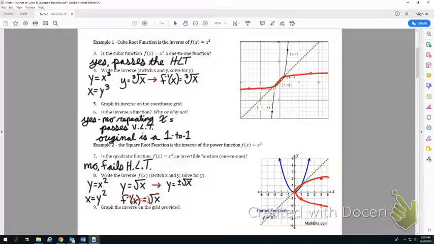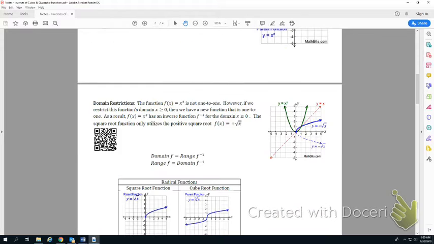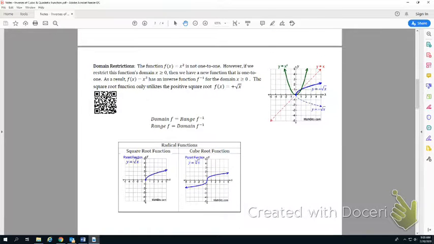Now, to make this a function, on the next page we're going to talk about something called a domain restriction so that we can have a square root function and are able to use that for data if need be. So go to the next page. And this is where it's going to talk about that domain restriction.